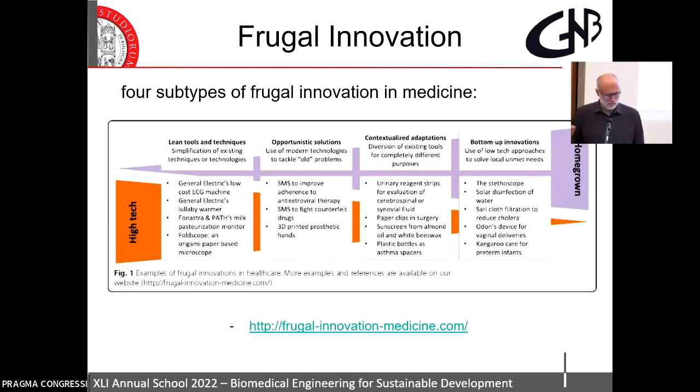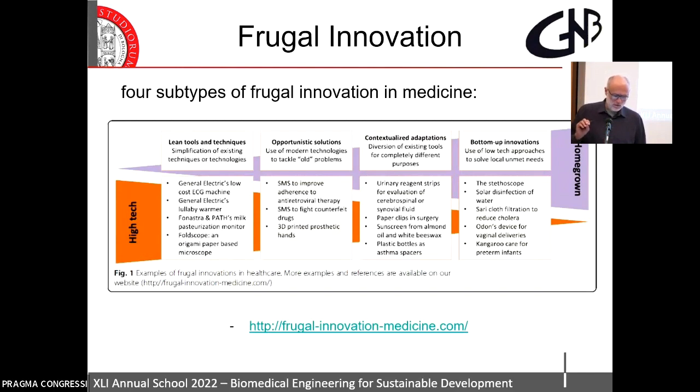One is simplification of existing techniques or technologies. Examples: Foldscope, an origami paper-based microscope, and the ECG machine by General Electric, which is often mentioned as an example of innovation devoted to low resource settings.